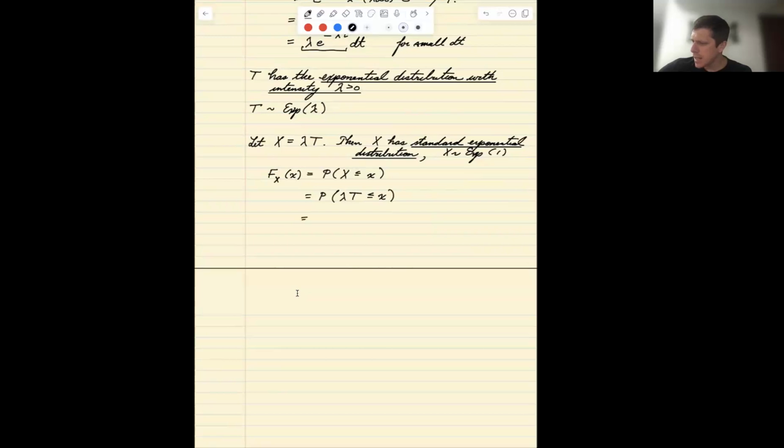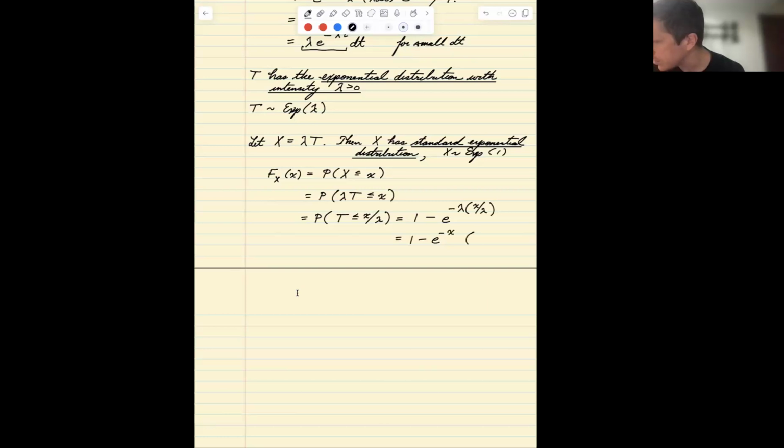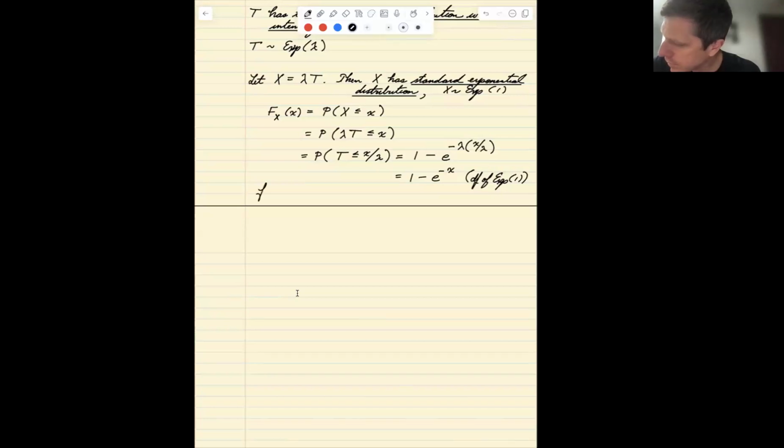And lambda is non-negative, so we can just move the lambda over, and this is the probability that T is less than or equal to x over lambda, which is 1 minus e to the minus lambda, evaluated at the argument x over lambda, so it's 1 minus e to the minus x, right? So this is the CDF, the distribution function, of the exponential with rate 1. And the density of f is e to the minus x.